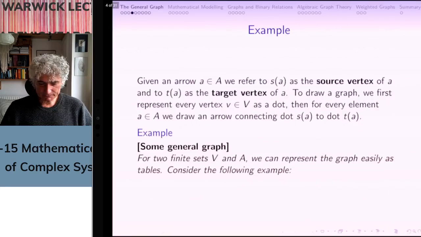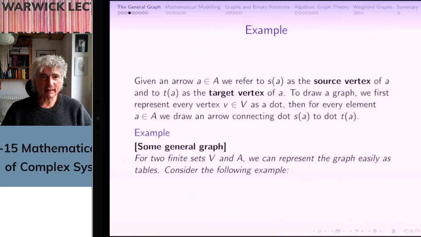Now I give you an example of a general graph, and that is using a table notation. So you should see that there are different ways how the information that you see in a graph, if it's drawn just on paper, is put into working in different ways.